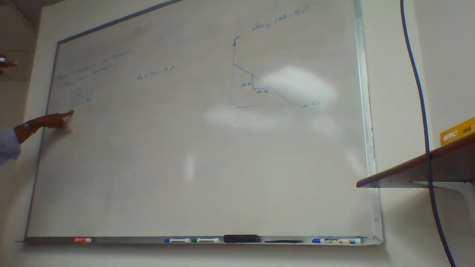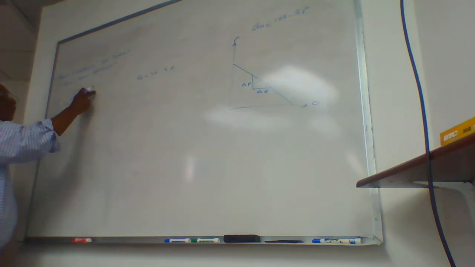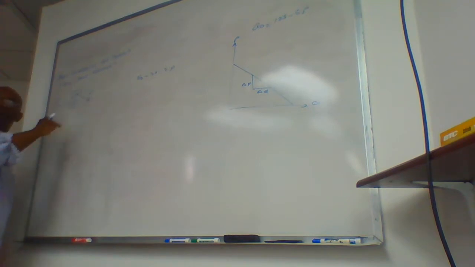The slope is going to come from the equation. So to solve this, you need this and this and that. If I give you this, I have to give you one of the others to solve the third one.